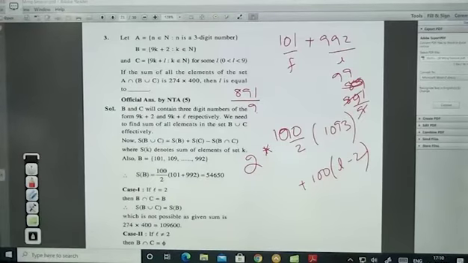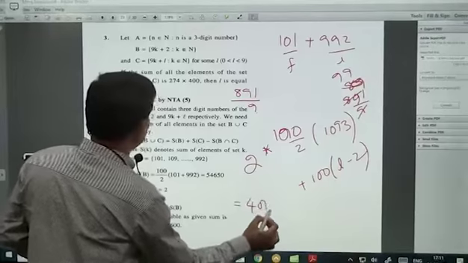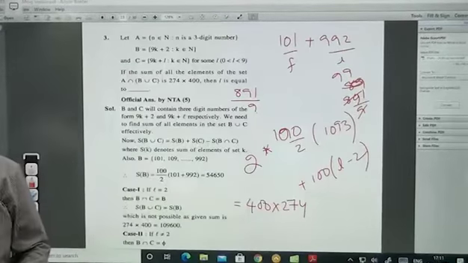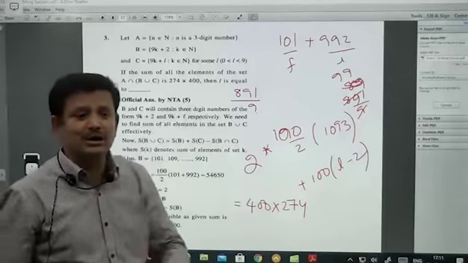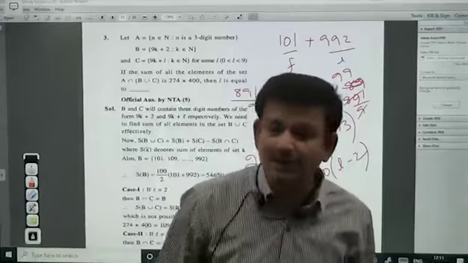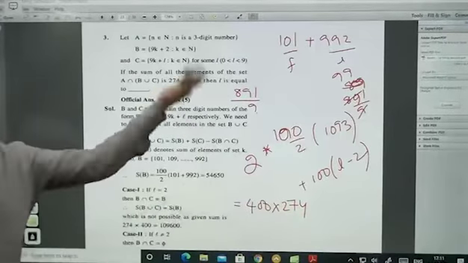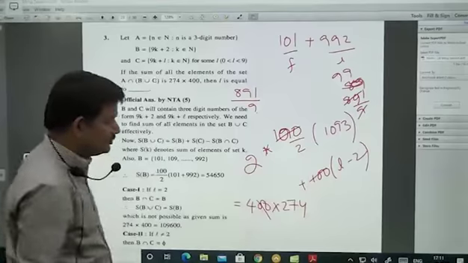Yes or no? This is equal to how much? 400 into 274. So don't jump to simplifying. He gave this product just because he wants you to understand that there is some cancellation. Otherwise, he would also have multiplied and given it to you. So what all cancellation can you see? 100 is getting cancelled, 2 zeros.